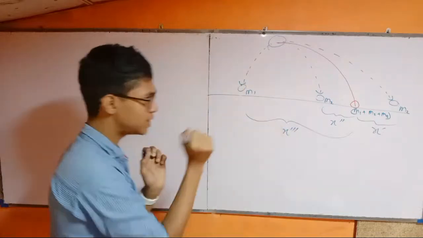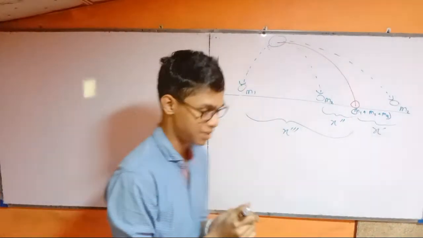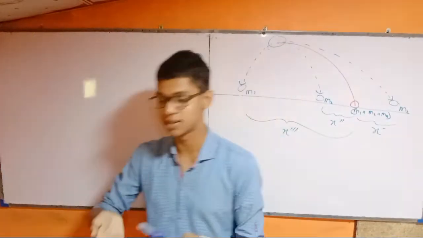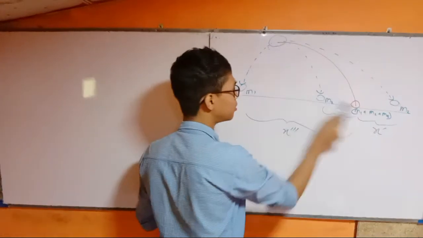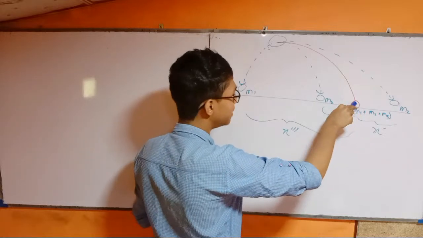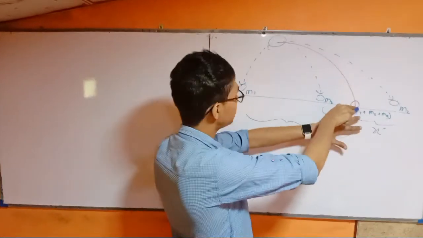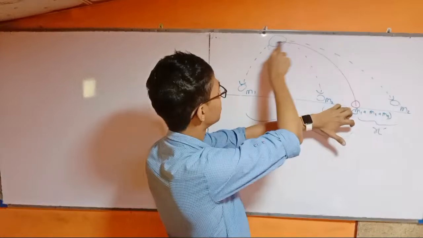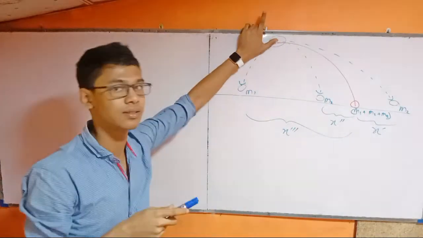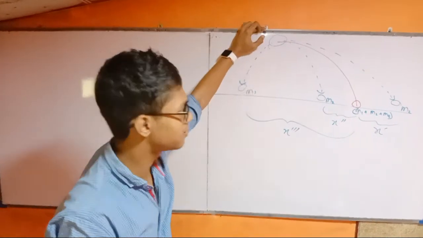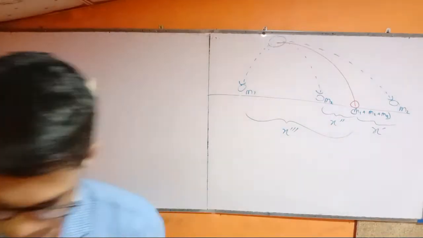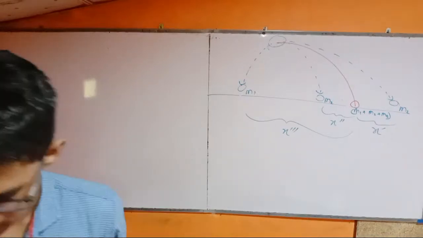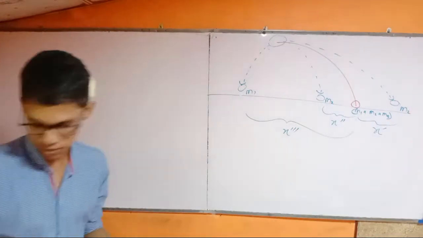So you use the laws of moments to find the location of the center of gravity of the bomb here. Then you apply equations of motion to find this position. They can give an essay question for this. This is the basic theory for that. Then the center of gravity basics are over.